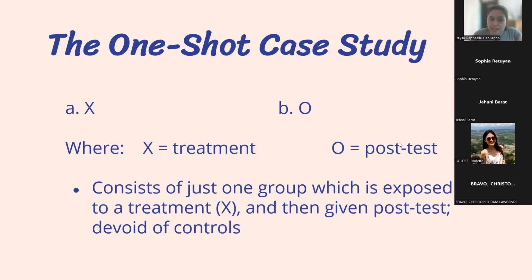That's the post-test. And we call that one-shot case study. Wala tayong control dito, meaning we are not going to compare it to either a positive control or a negative control. Yun lang talaga ang titingnan natin. You have one group of participants and direction na with the treatment and the post-test.